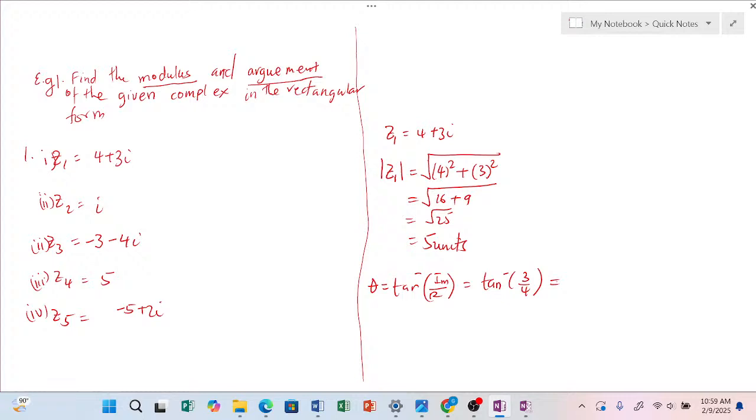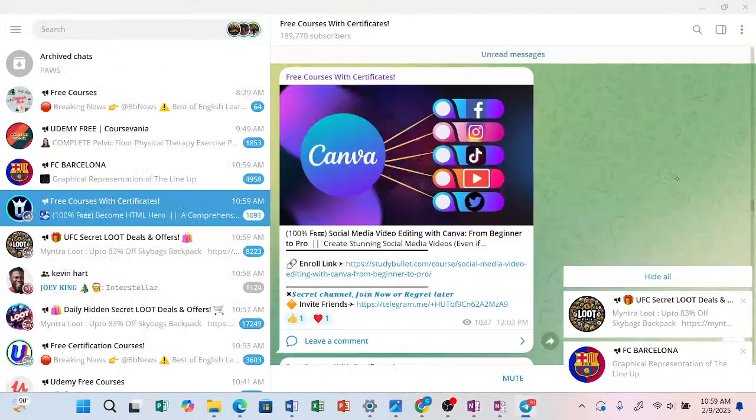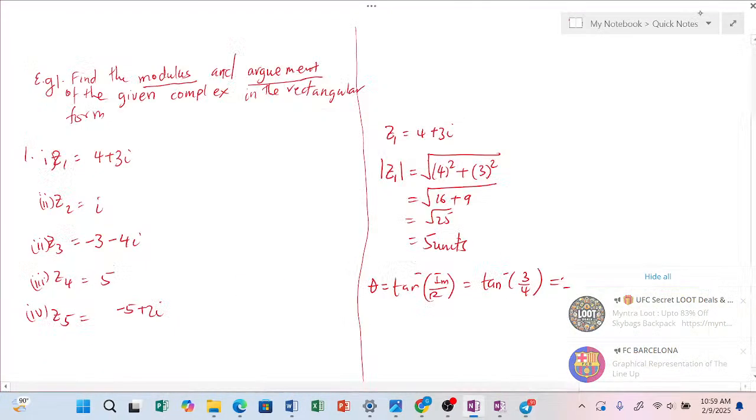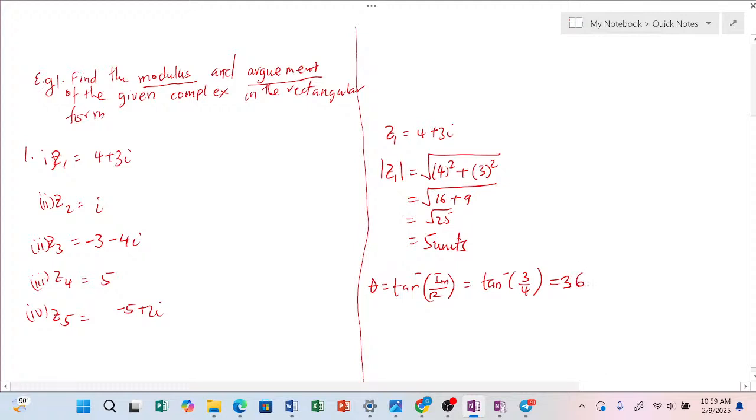So 3 over 4, tan inverse of it is 36.869 degrees. If I want it in radians, I change my calculator to radians and I look for it. That is 0.6435 rad.